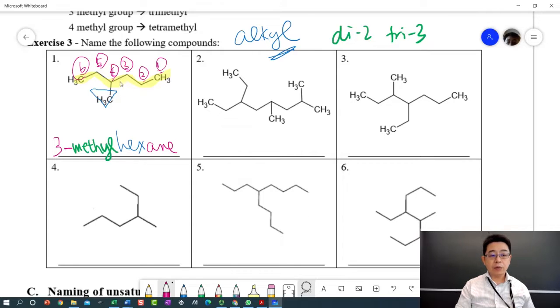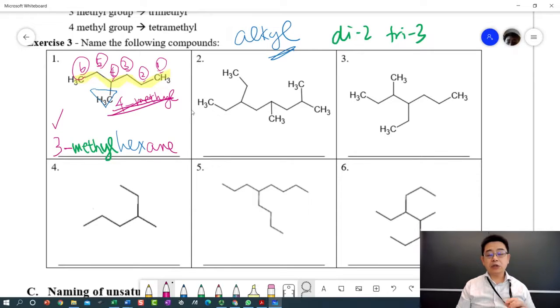Now it's 4. So which one is correct? Is it 4-methylhexane or 3-methylhexane? The hidden rule here is: the smaller the number, the better, right? So that means 4 is wrong. 3 is correct. The smaller the number, the better.